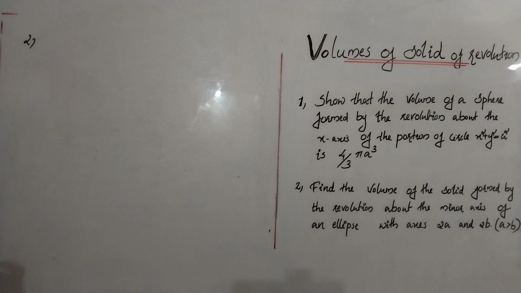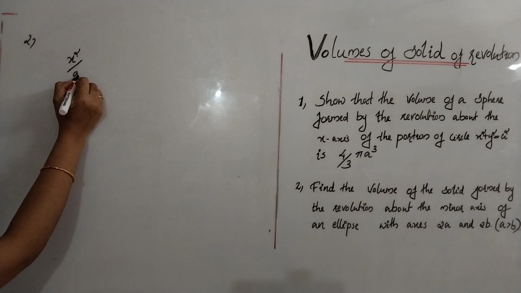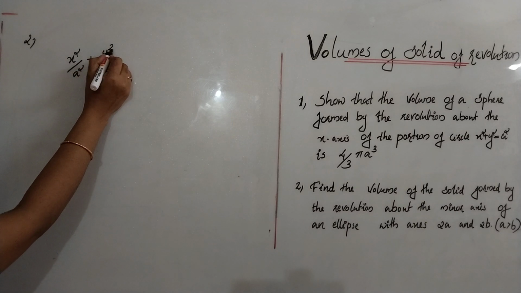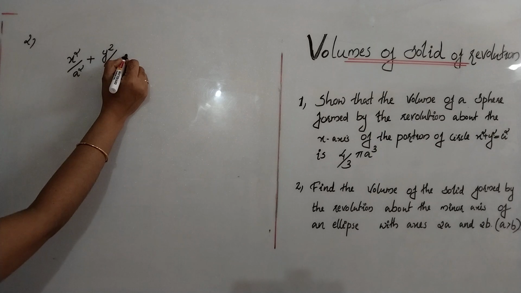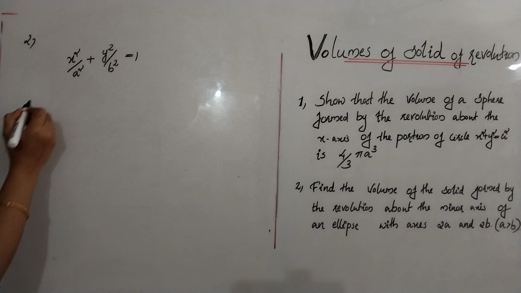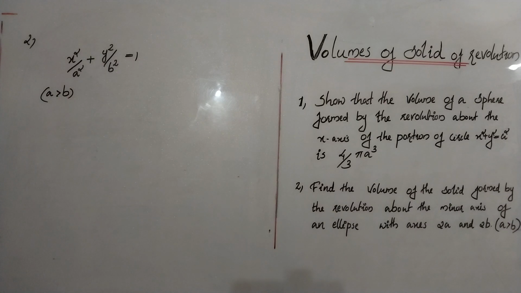The equation of the ellipse is x square divided by a square plus y square divided by b square is equal to 1. Here it is given that a is greater than b. So since a is greater than b, the minor axis is the y-axis.